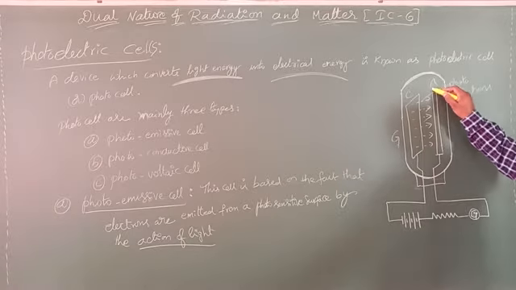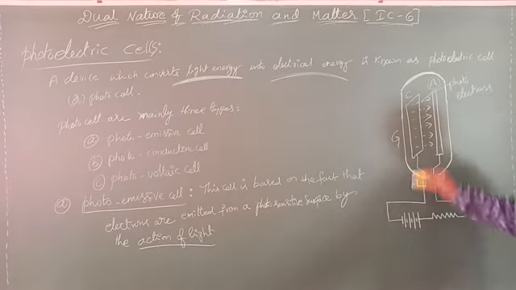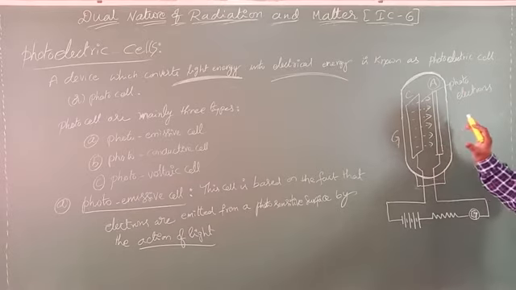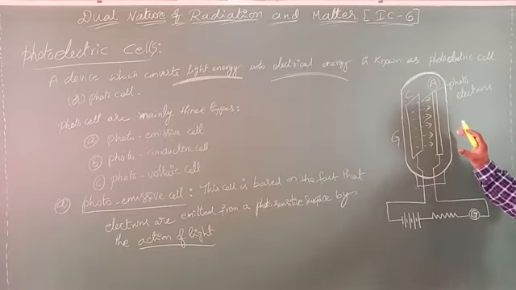Then the anode becomes positive and the cathode becomes negative. Clear? This is the circuit diagram to explain the photoemissive cell.